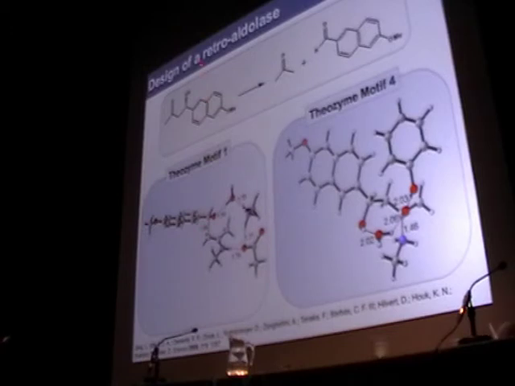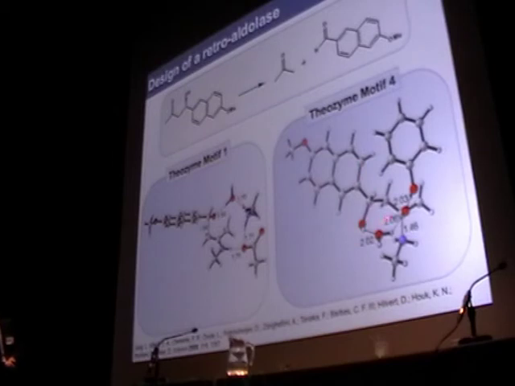What we need to do is to form an iminium and then deprotonate this hydroxyl. So this is actually a picture of the iminium, which has been formed, it would be from a lysine, but here it's just a methylamine. And then these other groups are present in order to deprotonate the hydroxyl group and to transfer the protons between the iminium and the hydroxyl region.